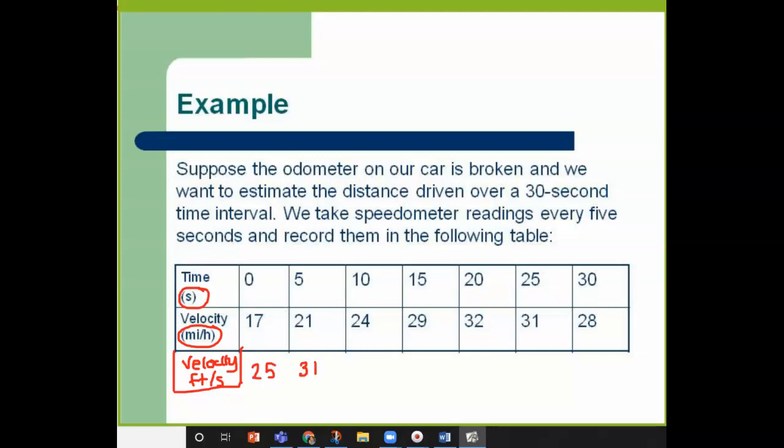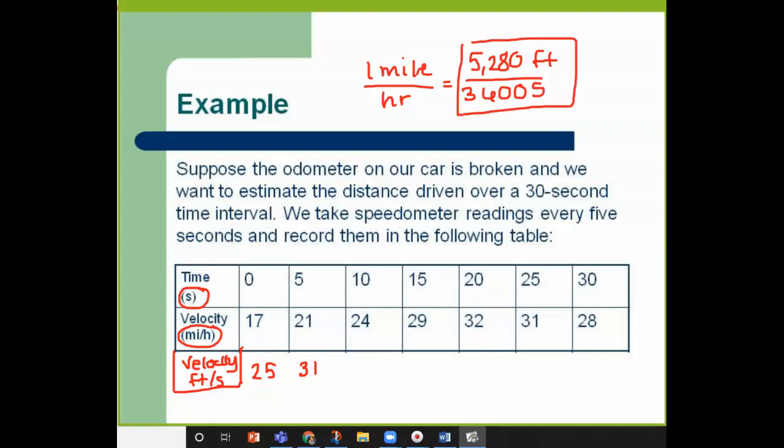So the conversion, which I'll give you the first two, I'm going to have you guys actually take a minute and try on your own, is that 1 mile per hour is equal to 5,280 feet per 3,600 seconds. So you take 17, 21, 24, and multiply them all by that large fraction.